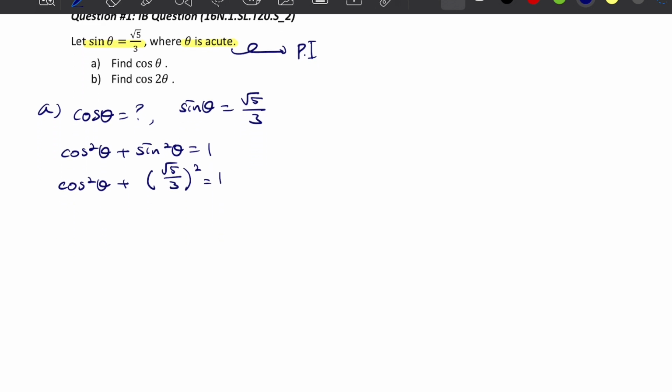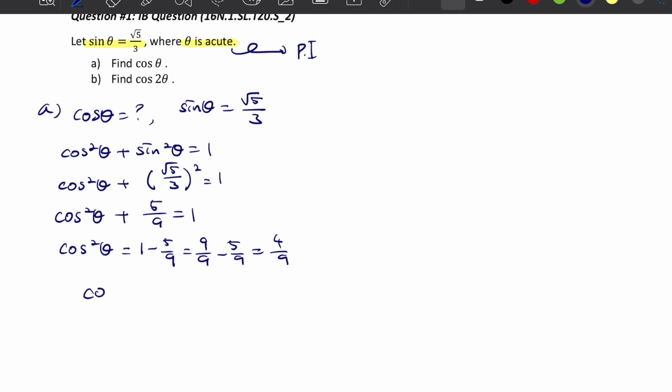Then cosine squared theta plus 5 over 9 equals 1. So cosine squared theta is 1 minus 5 over 9, which is 9 over 9 minus 5 over 9, so it's 4 over 9.